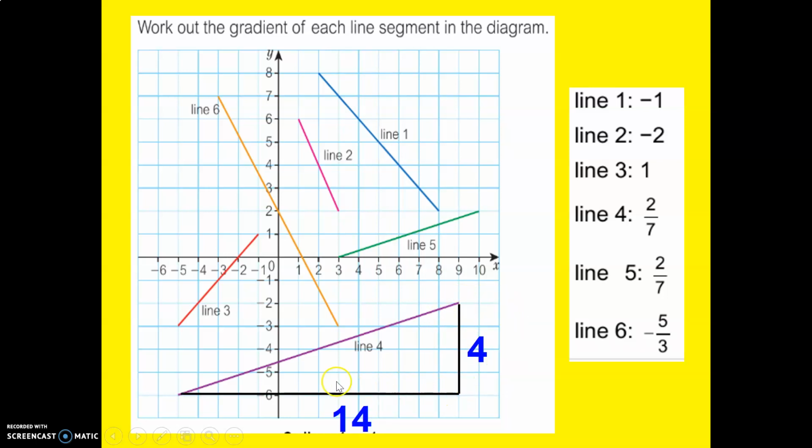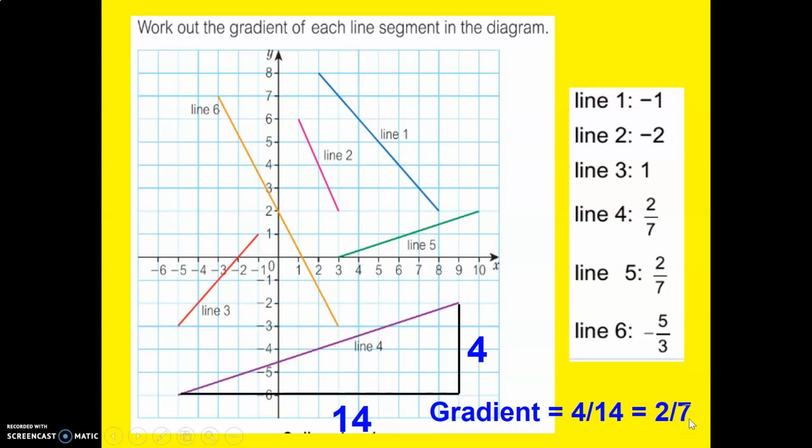Now let's measure the base. 1, 2, 3, 4, 5, 6, 7, 8, 9, 10, 11, 12, 13, 14. So the base is 14. Therefore, the gradient is equal to height divided by the base. 4 divided by 14 is equal to 2 over 7.